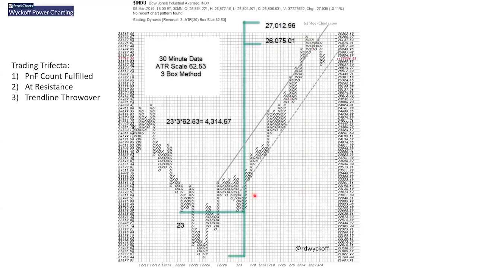Now, we can see here that at the count line, which is at 22,698, we had a count that generated an objective of 27,013.